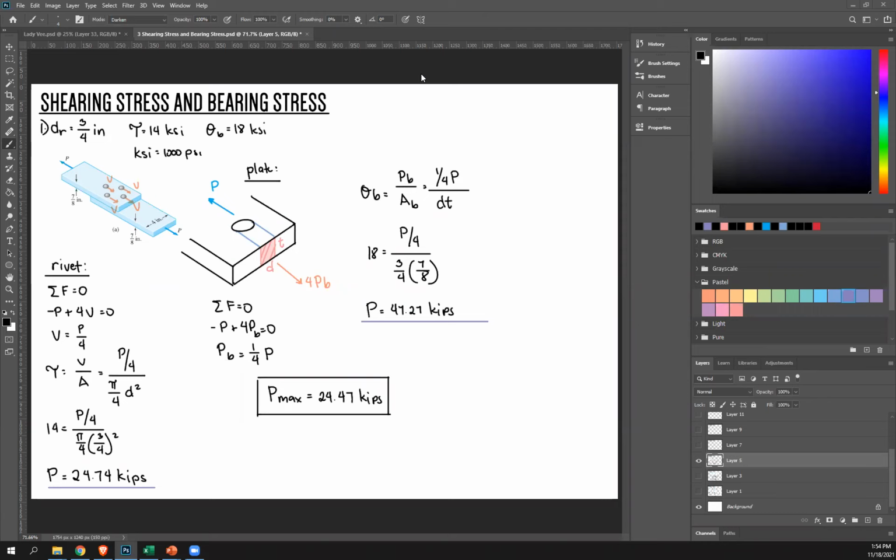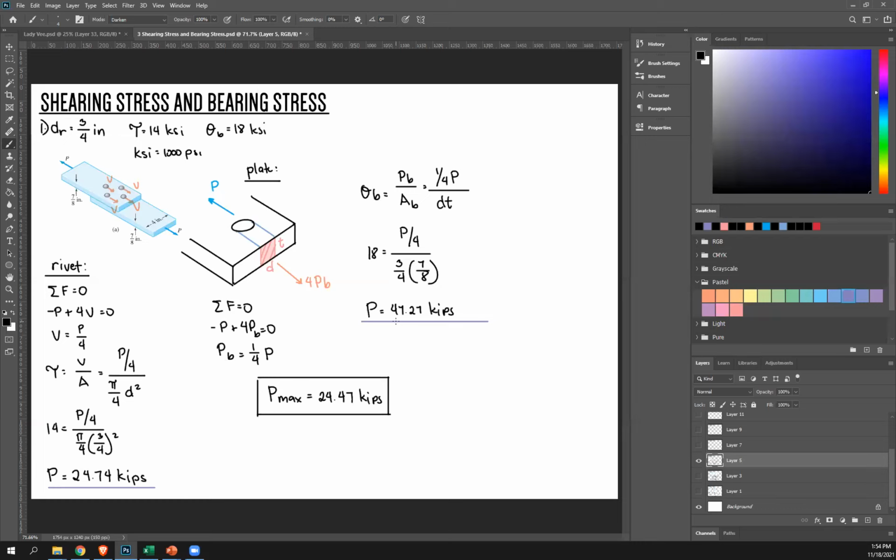There's a question: how did we get the 24.74? Do you mean this or this? Okay, we got this because when choosing maximum force, as mentioned in the previous lecture, you should use the smaller value. 24 is less than 47.